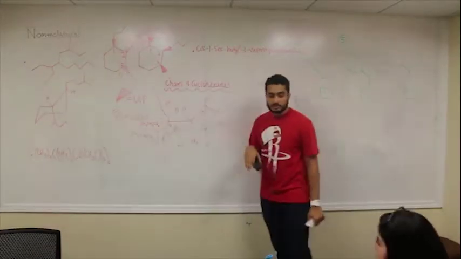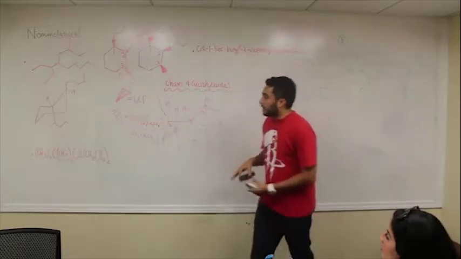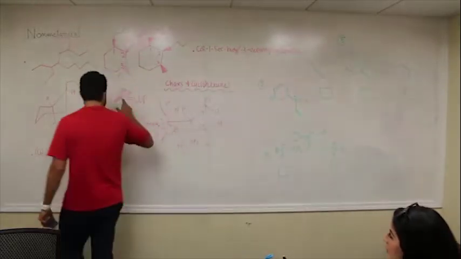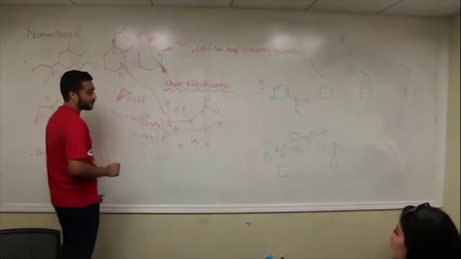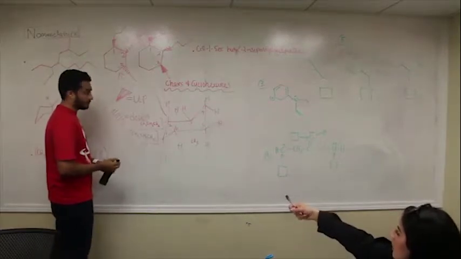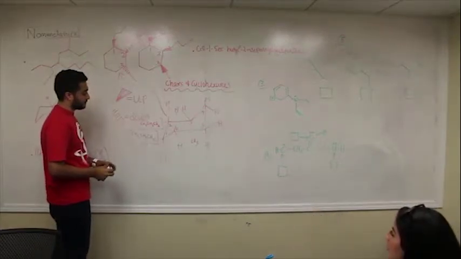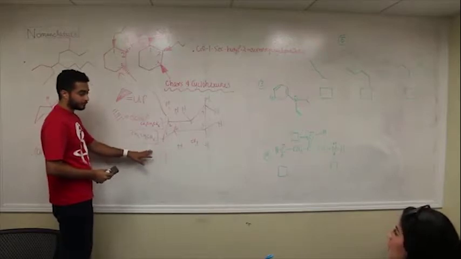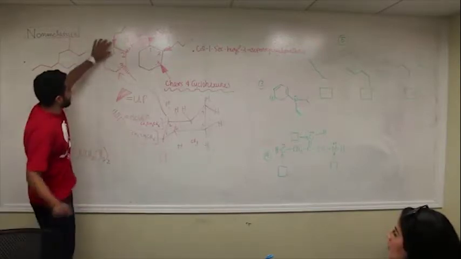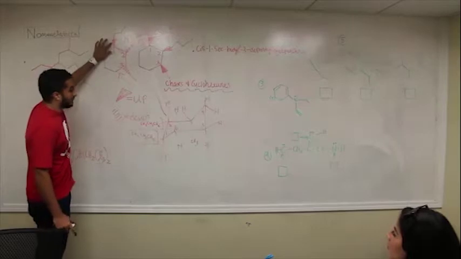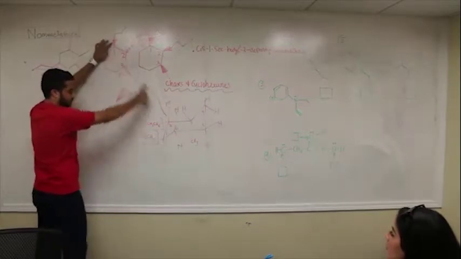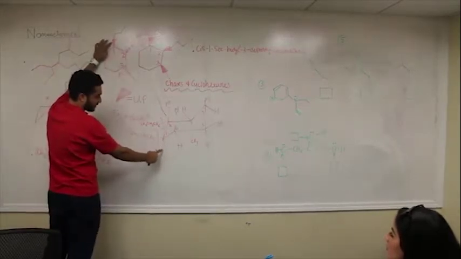Anybody have any questions? So just a quick takeaway: wedge means up, dash means down. Equatorial, what does that mean when you draw it on the chair? Like the up and down. So this means what? Up. So then we're going to go to 1 and see which position is up.